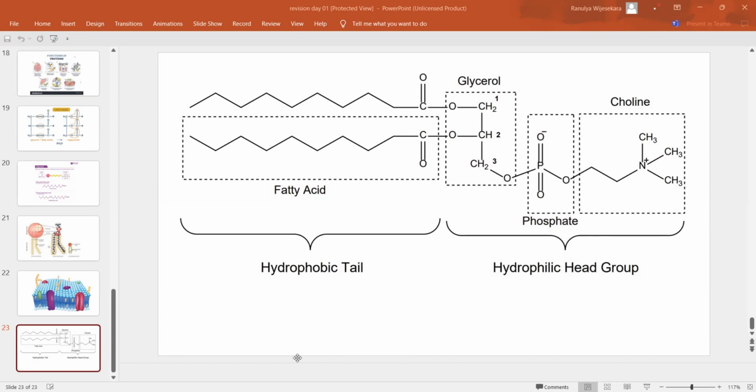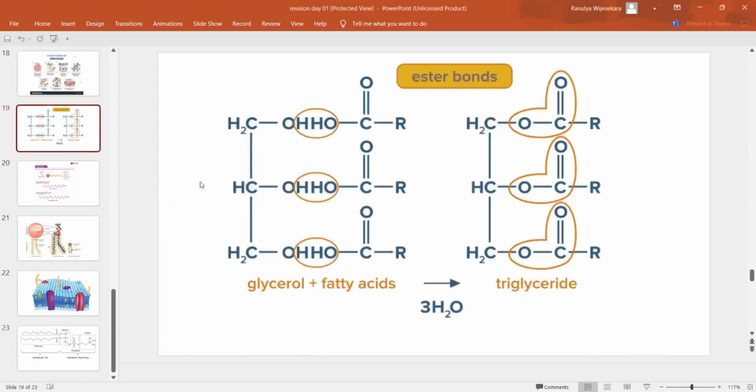The phosphate group and its attachment are hydrophilic, right? And also you have to include this diagram. It can be given marks, because you have to memorize this chemical structure quickly.